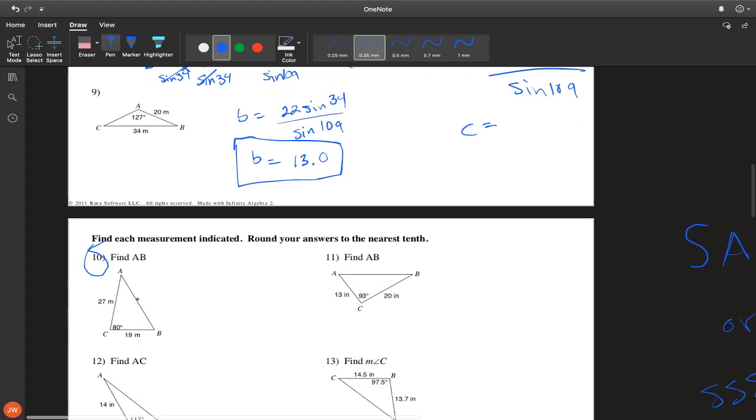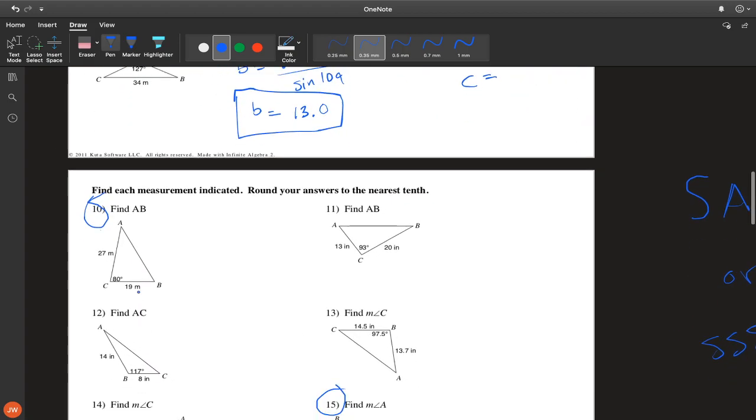Well, let's get into this first problem. So it says find AB, and just like last time, I'm going to name this side AB to be little c. So it's side length c because it's opposite to angle C here. So this is little c. If we want to find c, we're going to have to set up our cosine law.